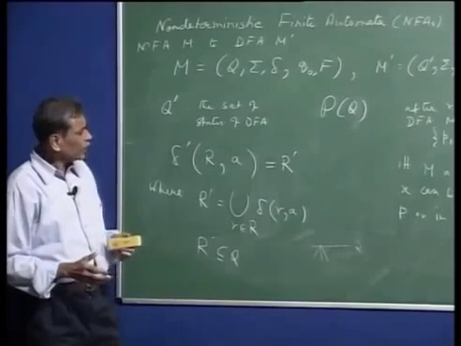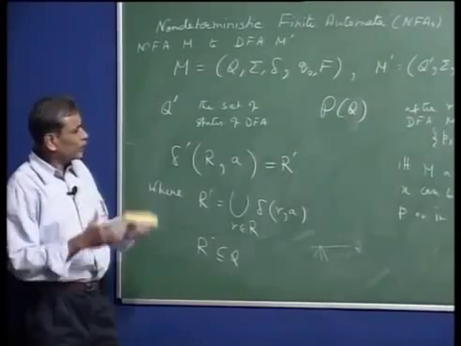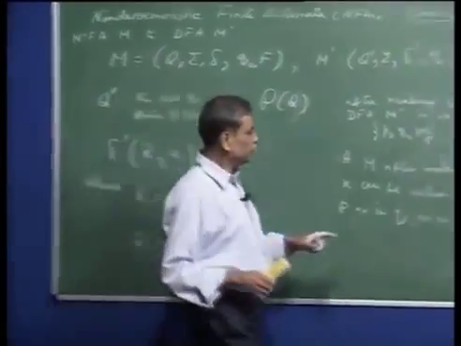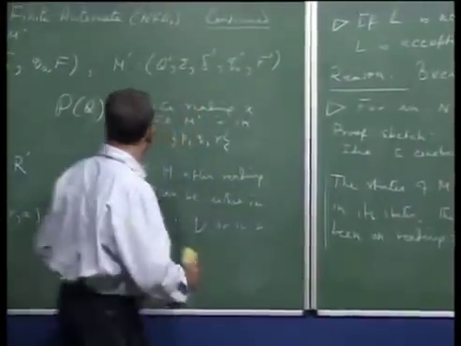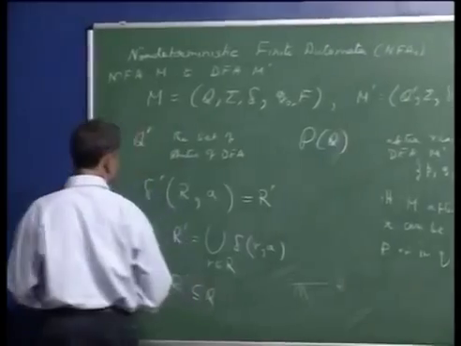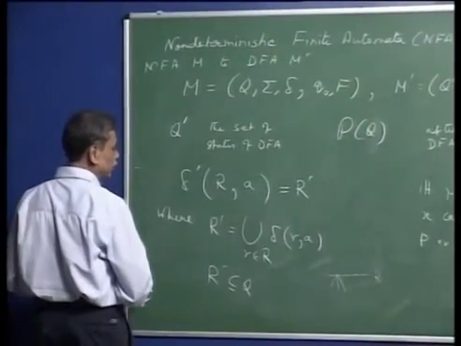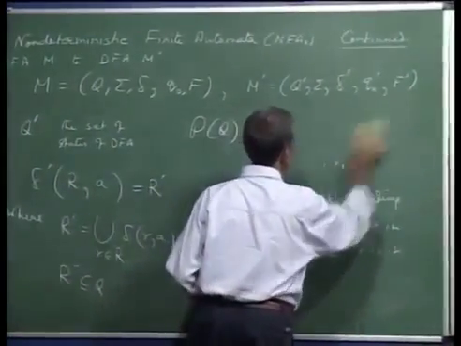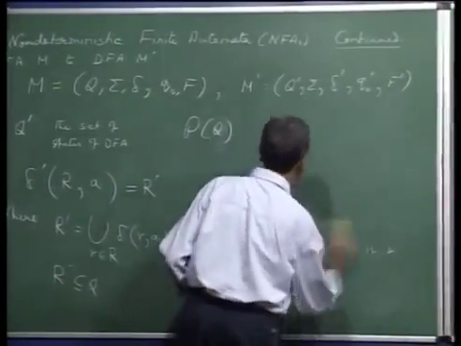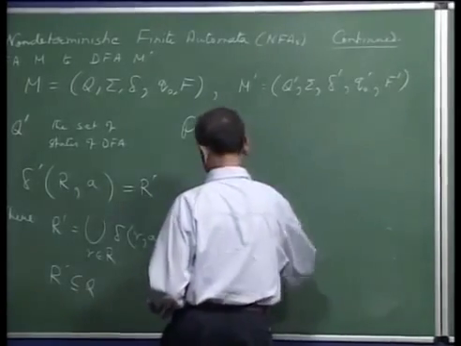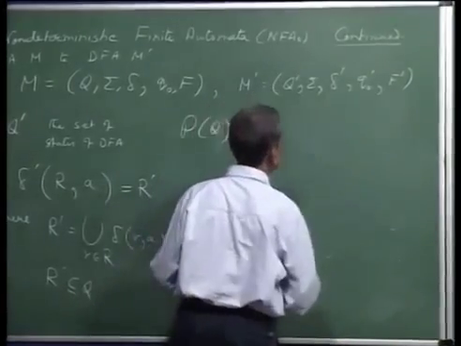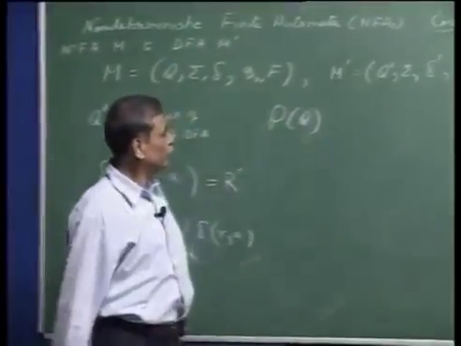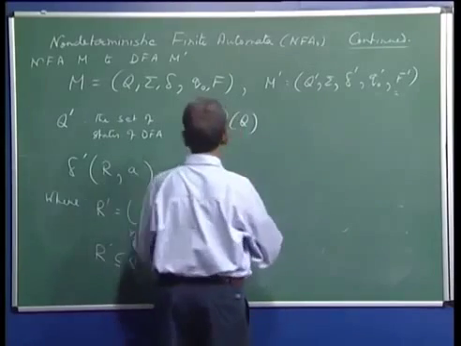Now, I will not prove it formally, but if you see that this idea is being implemented through this definition of delta dash, then it is not going to be difficult to see that this M dash is going to accept the same language. But of course, I need to tell you what the other two components of the DFA would be. So, that is easy.